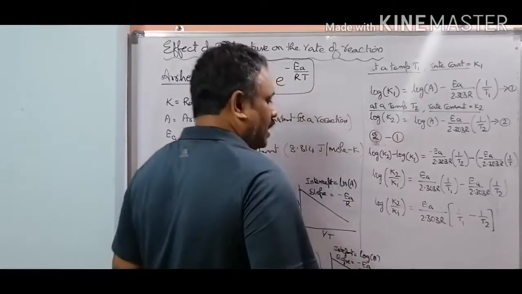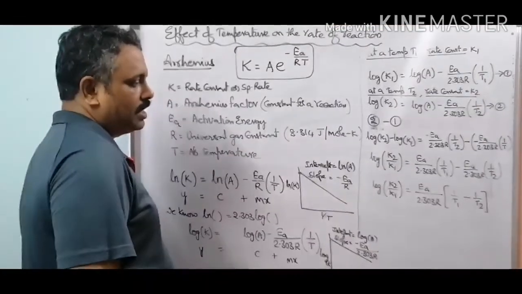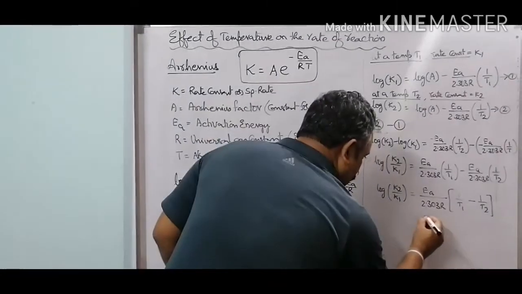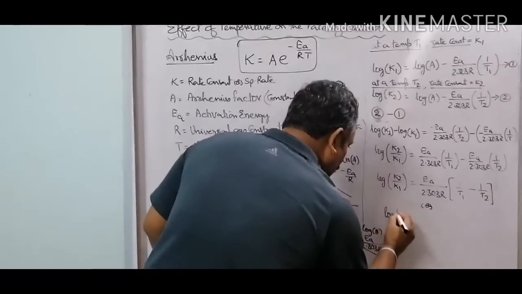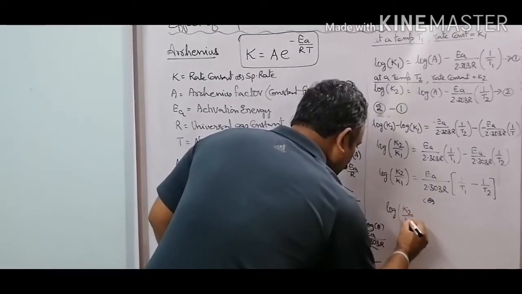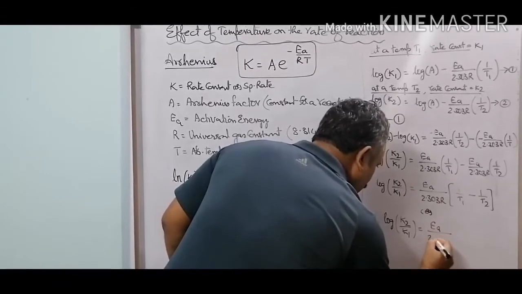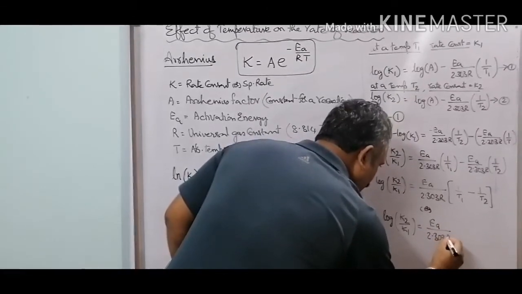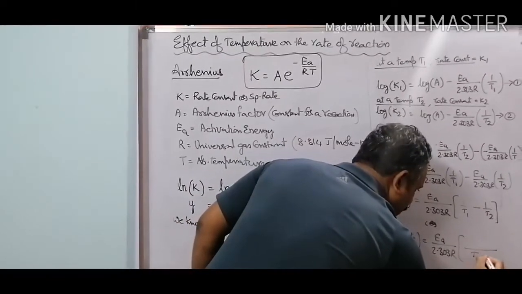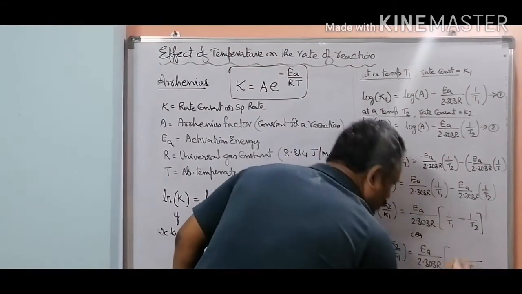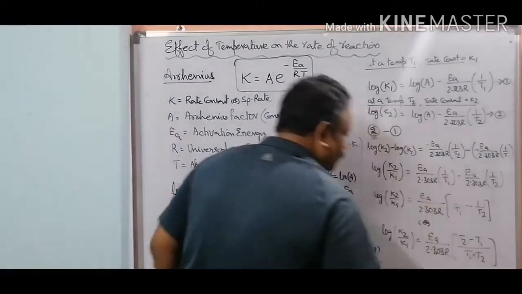This is how you can relate two different rate constants at two different temperatures of T1 and T2. Or you can further simplify this and write it as log of K2 by K1 is equal to EA by 2.303 R into, if you take LCM, the denominator is T1 into T2 and the numerator will be T2 minus T1.